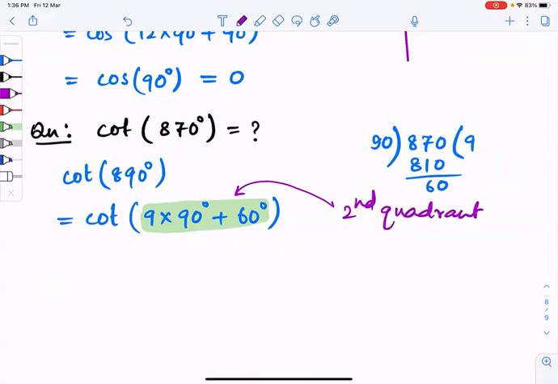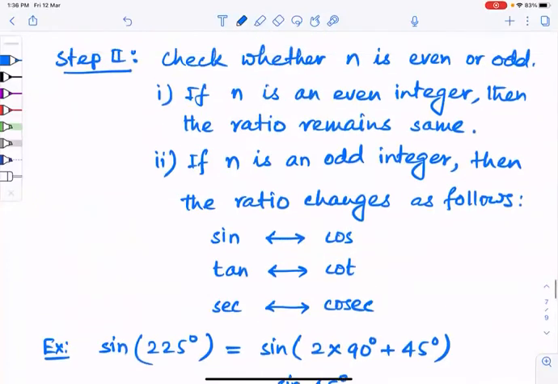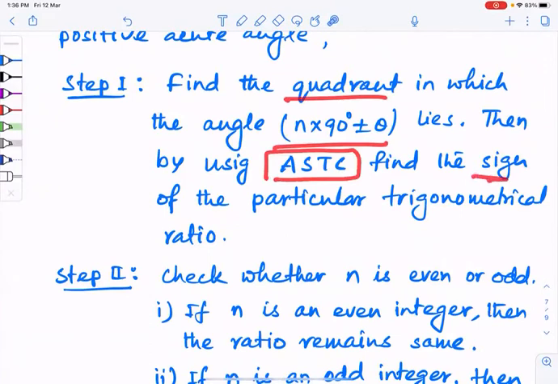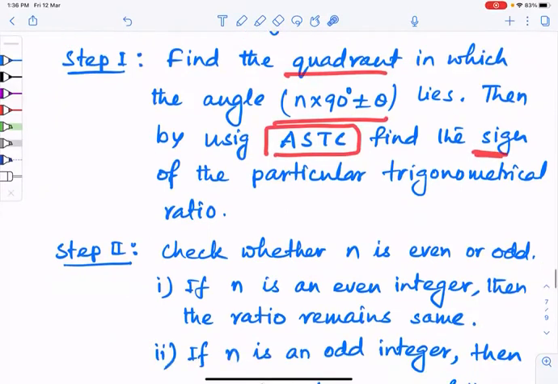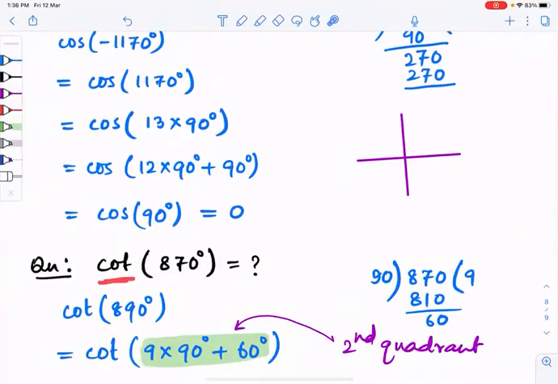If it is in the second quadrant, what will happen? We will check the sign. I have told in the first step, I have to check which quadrant. Then by ASTC, we have to check the sign. For cot in the second quadrant, what is the sign? Negative.